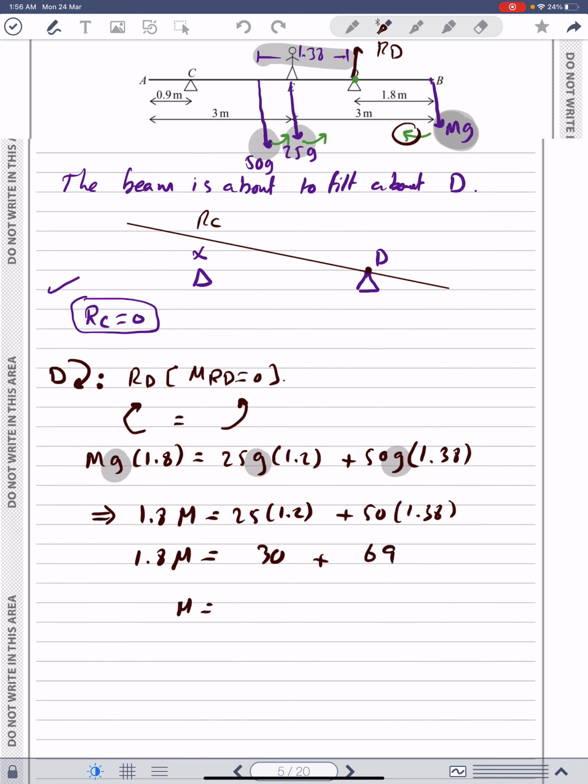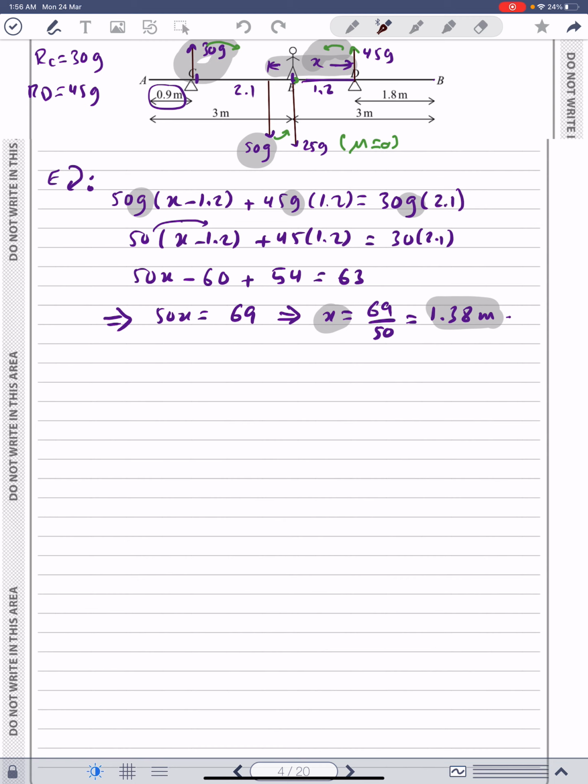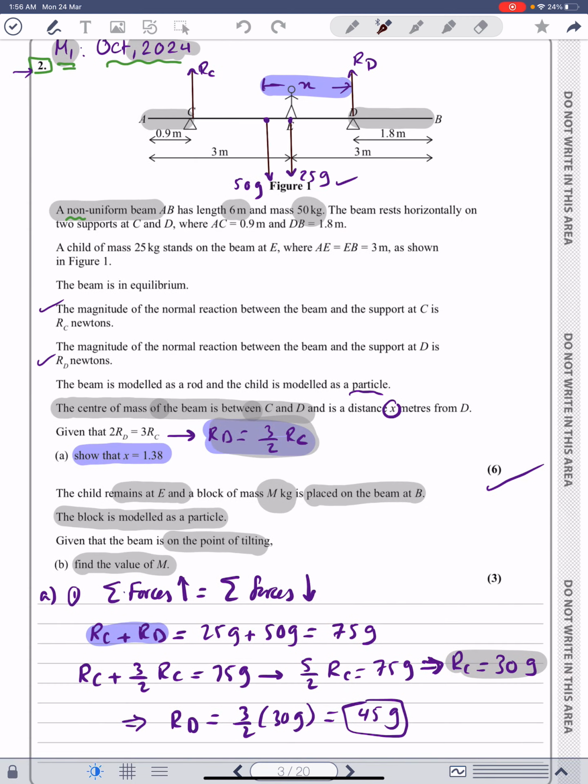So m is equal to 99 divided by 1.8, 55 kilograms. Finishing A and B.